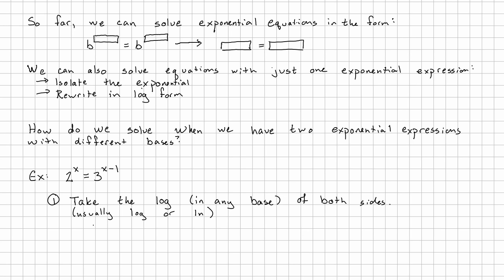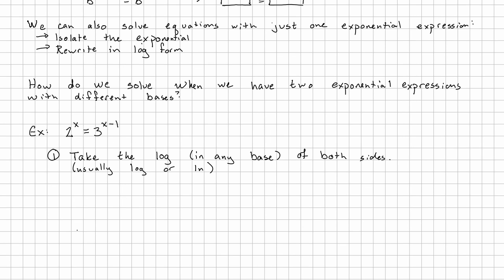But you can choose whatever you'd like. So I'm going to take the natural log of both sides. And there's no problem with taking a log here, since these exponential expressions will always be positive numbers.